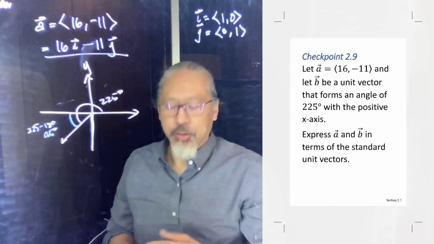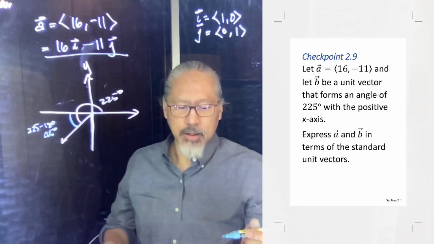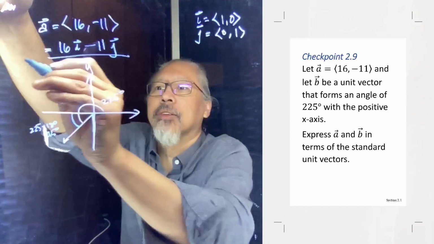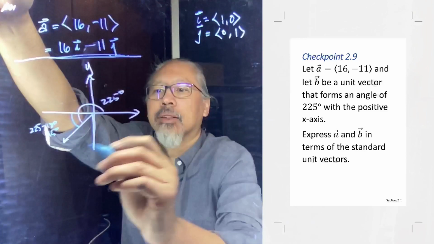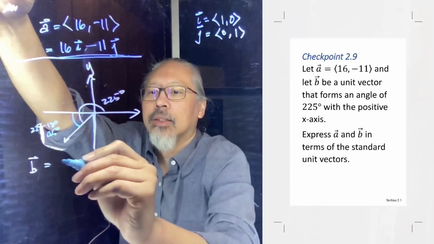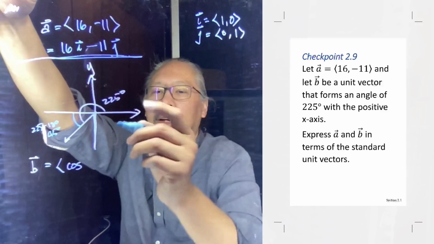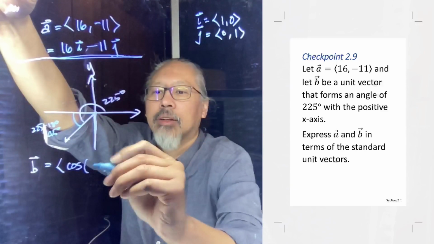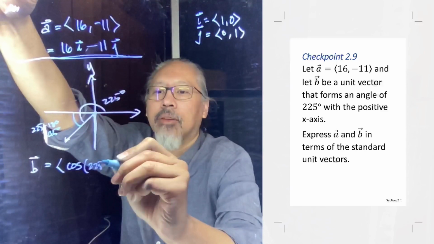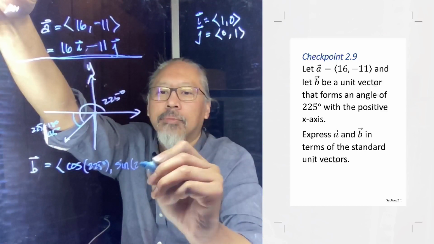And by the way, if we just have the sine and the cosine, we're going to have our unit vector, because sine and cosine all live in the unit vector world. So essentially the x value is going to be the cosine of the angle, 225, and the y is the sine of the angle.